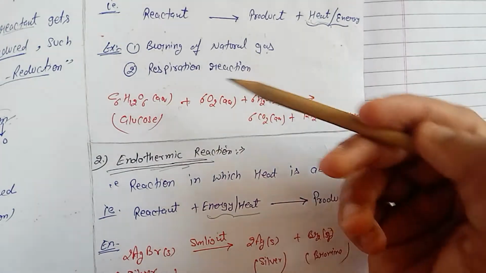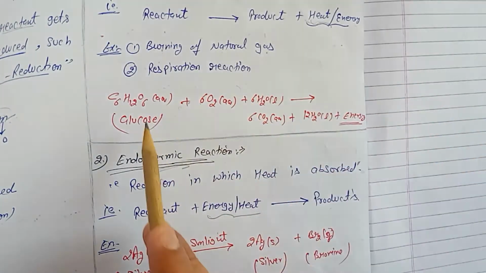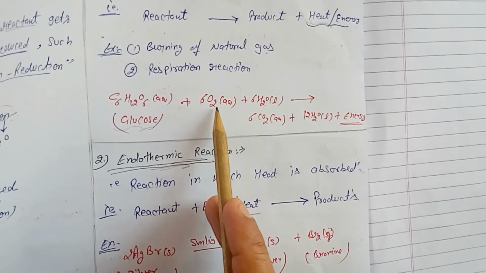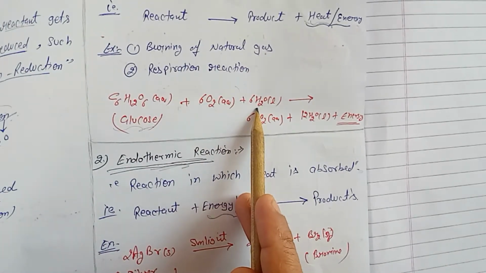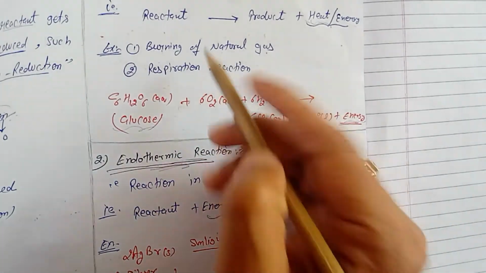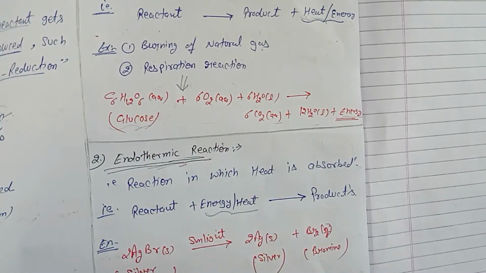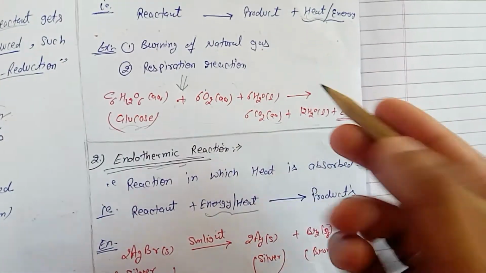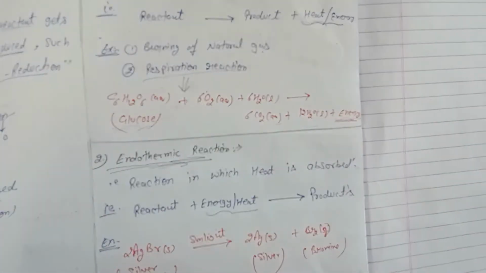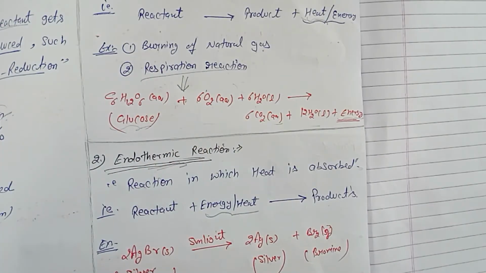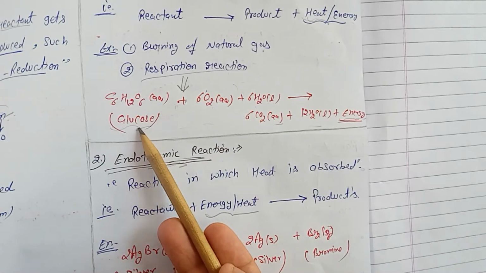An example is glucose, which reacts in the presence of oxygen and water and releases some amount of energy. This reaction is also known as respiration reaction. Sometimes this is asked as: explain the respiration reaction with a suitable example. So what will we say?